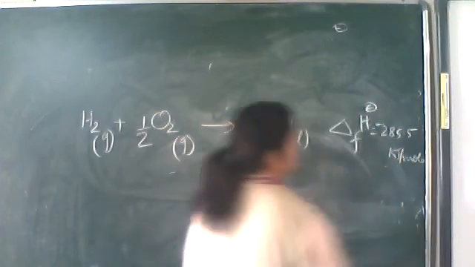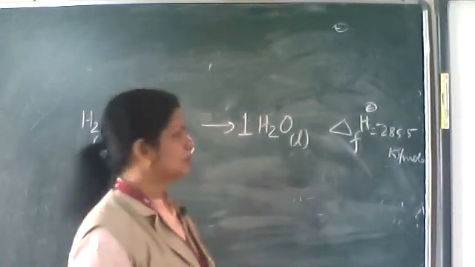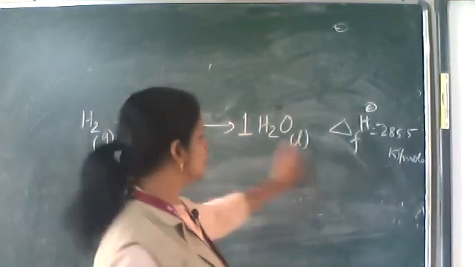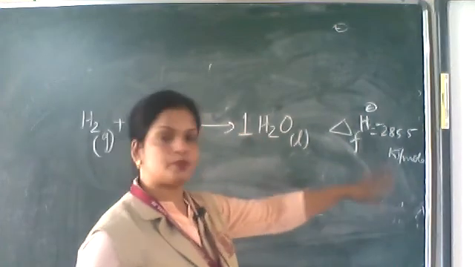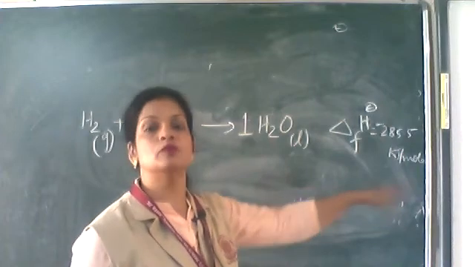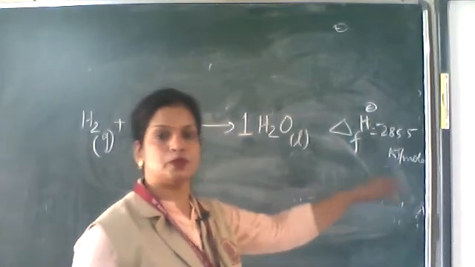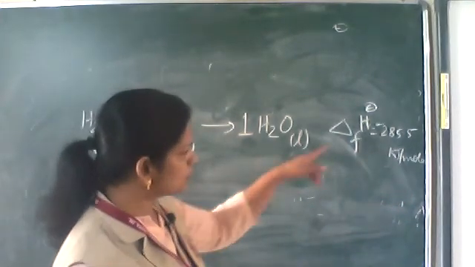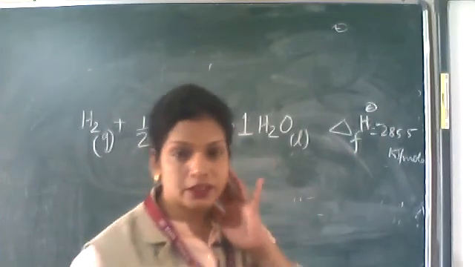Always it is kilojoules per mole. Though here it is 2 or 3 or 4, we always write kilojoules per mole. We don't write kilojoules per 2 moles or kilojoules per 3 moles. Minus sign shows that this much heat is released.